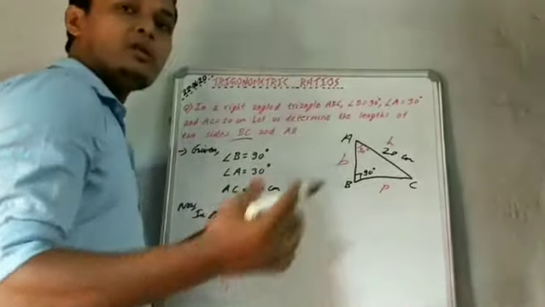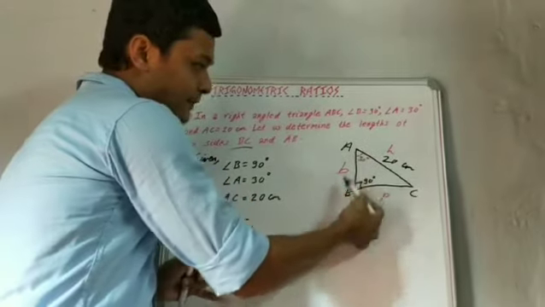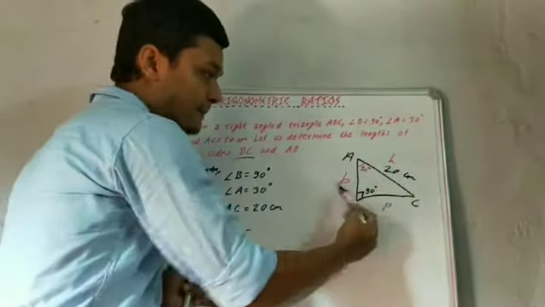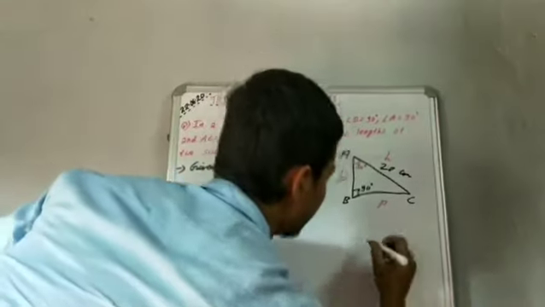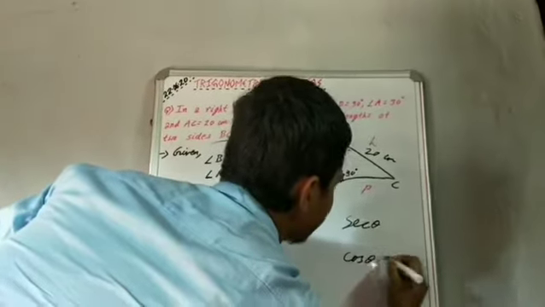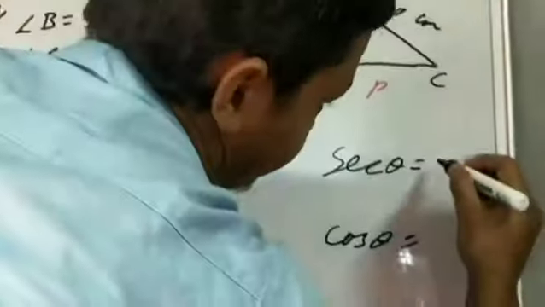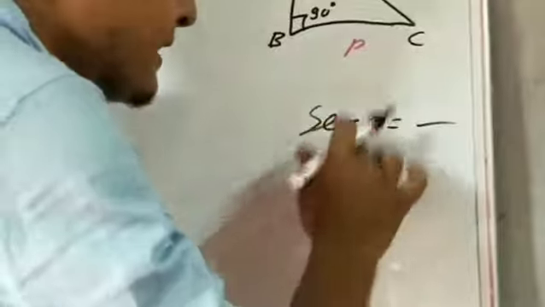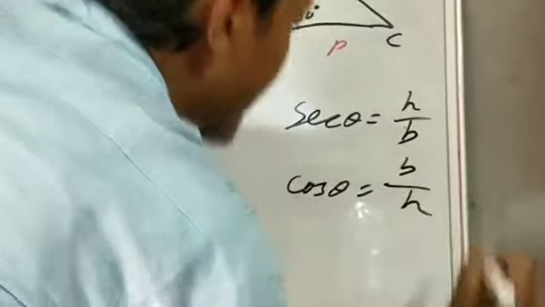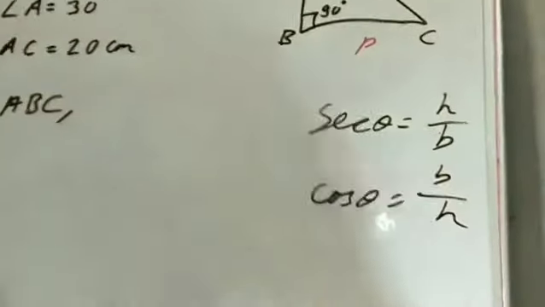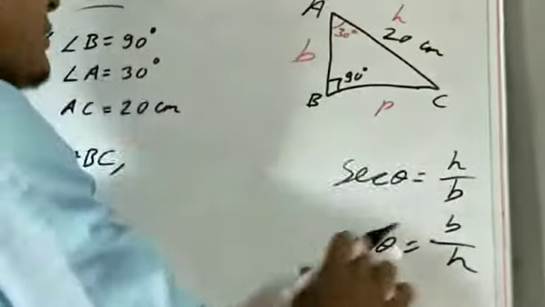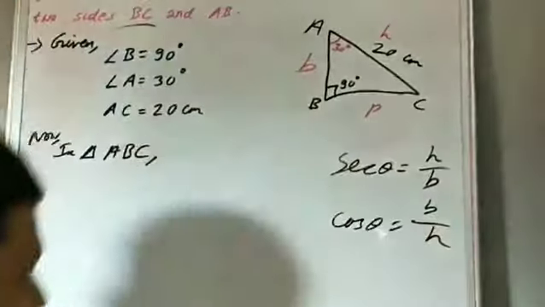So which trigonometric ratio has AC and AB? Or hypotenuse and base? It's sec theta and cos theta. So what's the formula for sec theta? Hypotenuse by base, and cos theta is base by hypotenuse. So you may take any one ratio, any one formula from these two, to find the value of AB.